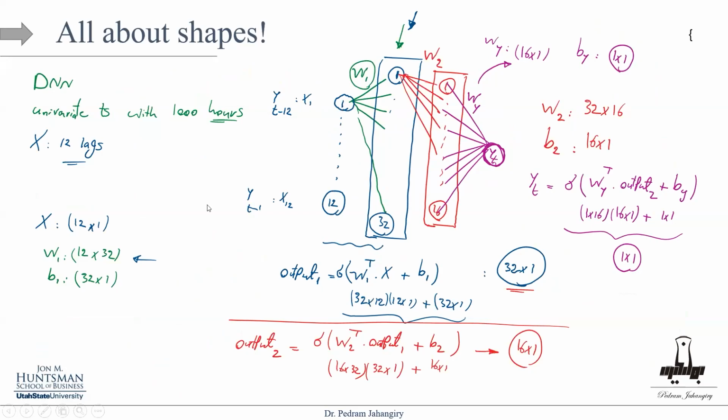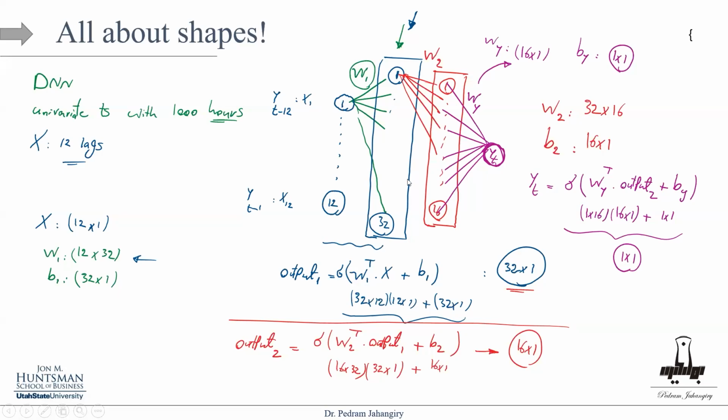Let's say we had a univariate time series with 1,000 hours, and you're using 12 lags. Remember, this is a DNN. For a DNN we use specifically created lags. These are the 12 lags, from y(t-12) all the way to y(t-1). Then this is your first hidden layer, let's say with 32 nodes, a second hidden layer with 16 nodes, and then one output. So this is your DNN.